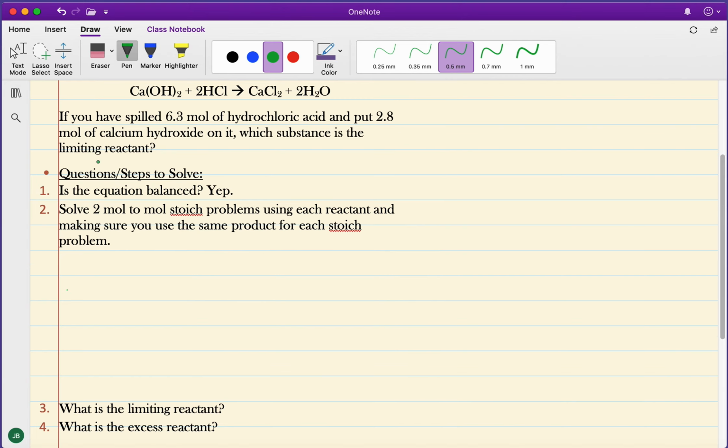So for this particular problem, we're going to go ahead and write our knowns and our unknowns. We have 6.3 moles of hydrochloric acid, HCl, and we have 2.8 moles of calcium hydroxide.